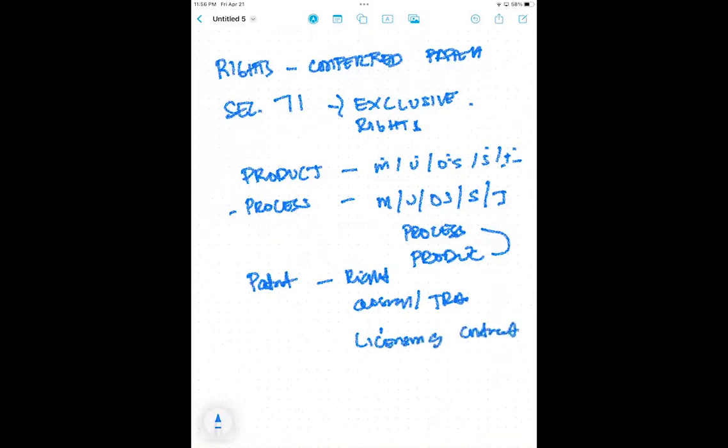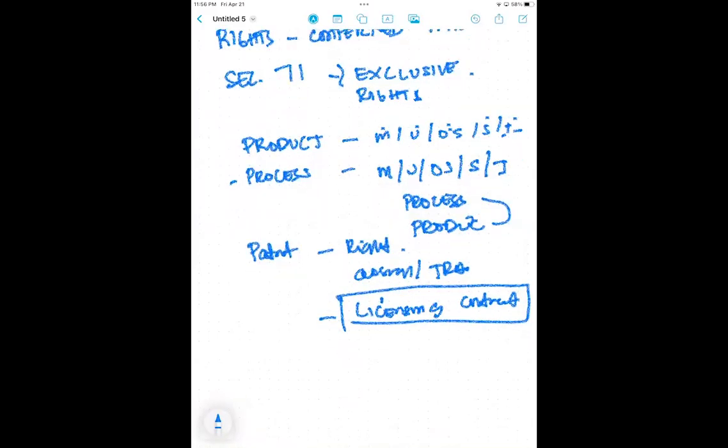Okay? So part of our discussion would be yung procedure, the formalities required in transferring or assigning patent rights, and also part of the syllabus for the 2023 bar examination is the licensing of patent. Okay?